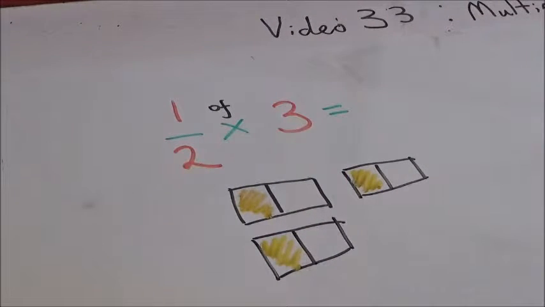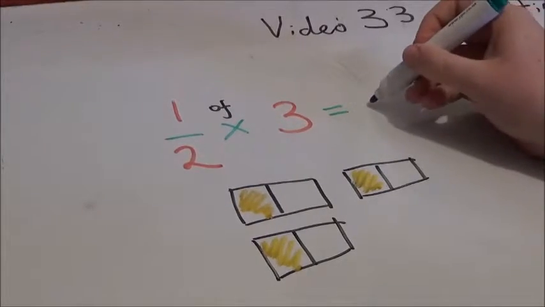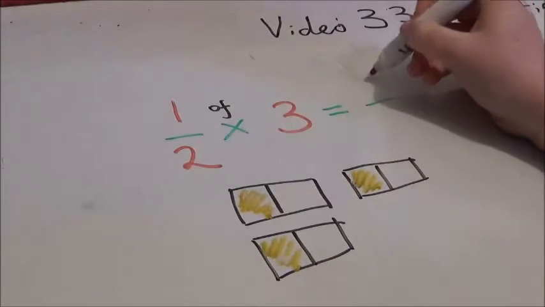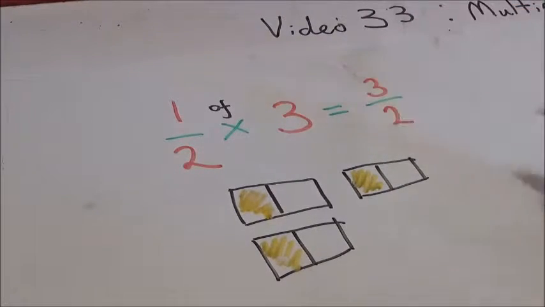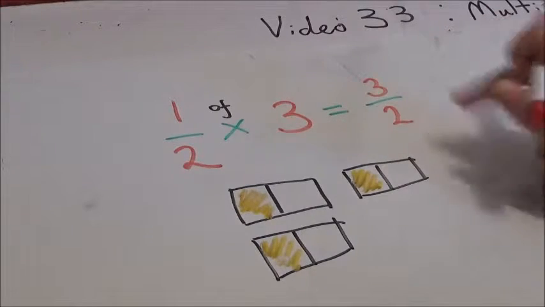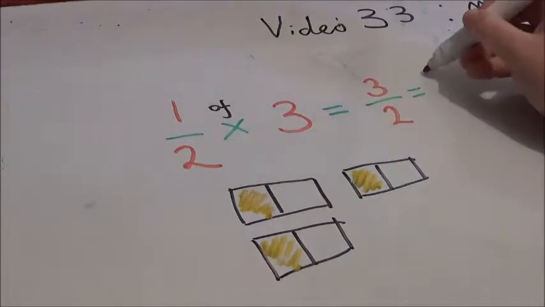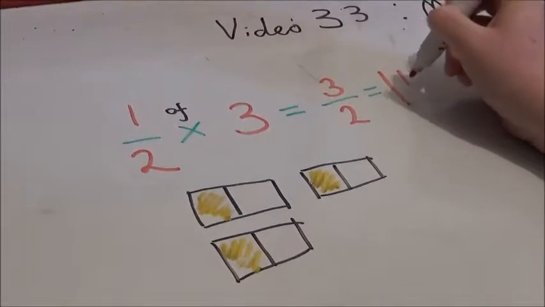You can see there then that we do have the answer, that we have 1, 2, 3 halves, which is an improper fraction because the numerator is bigger than the denominator. So we know that that is the same as 1 whole and 1/2.